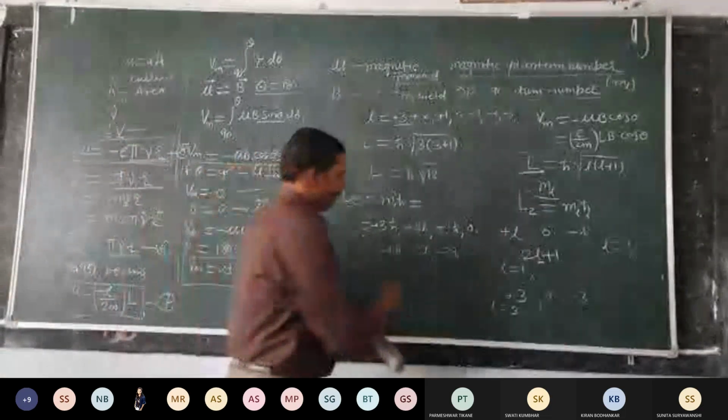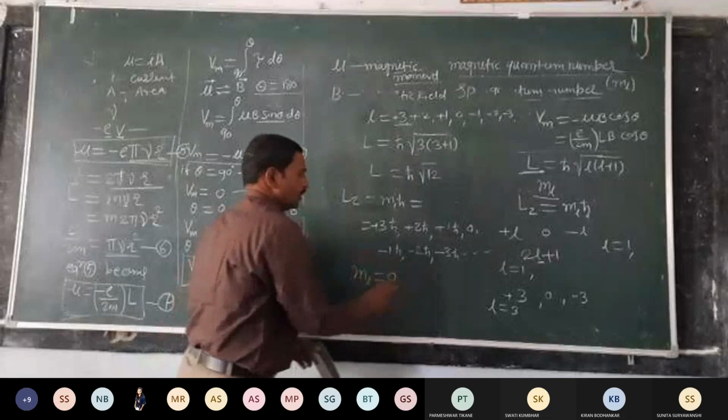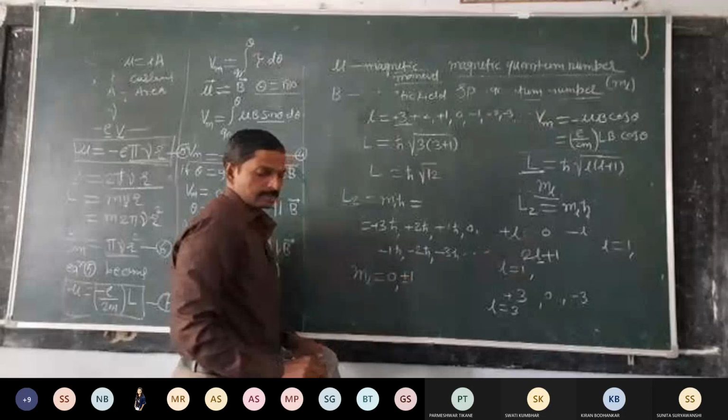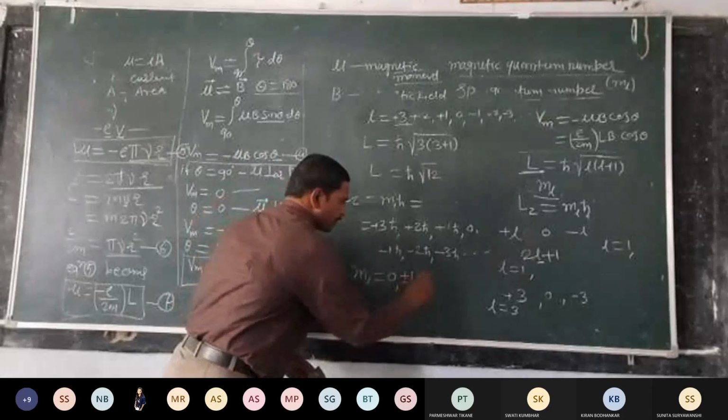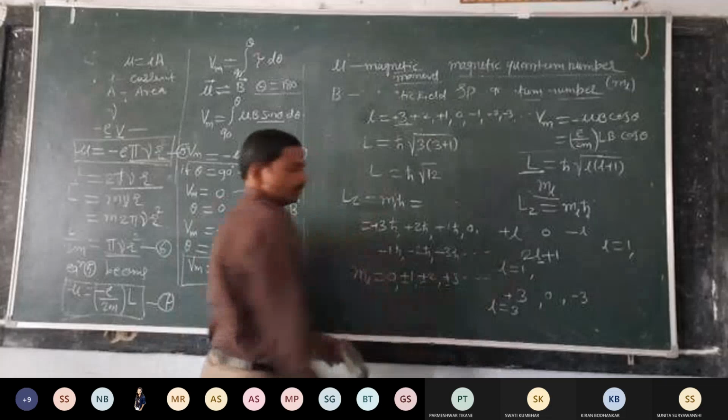It means that ML is equal to 0, plus minus 1, plus minus 2, plus minus 3 and so on.